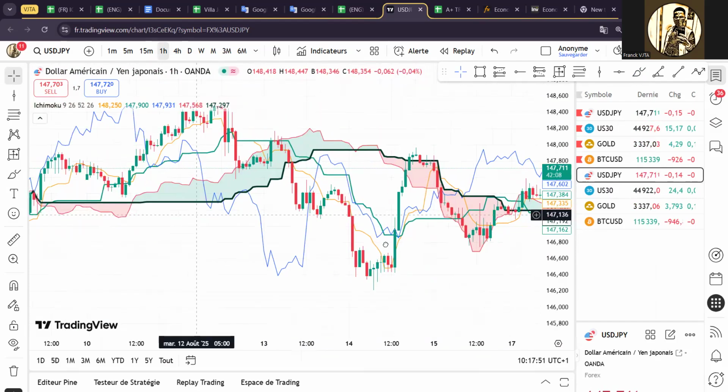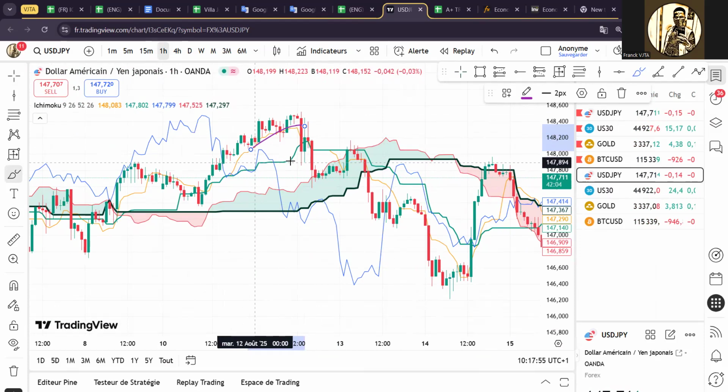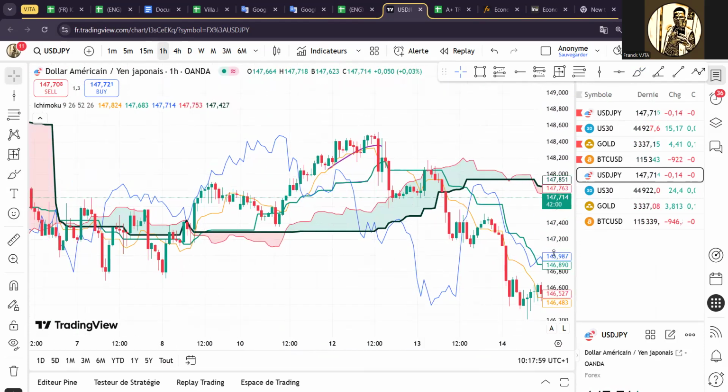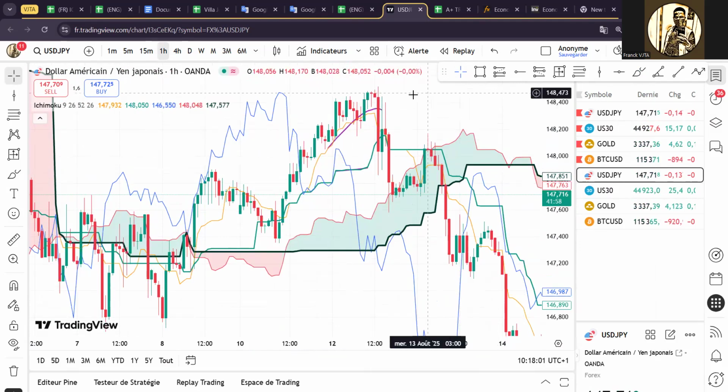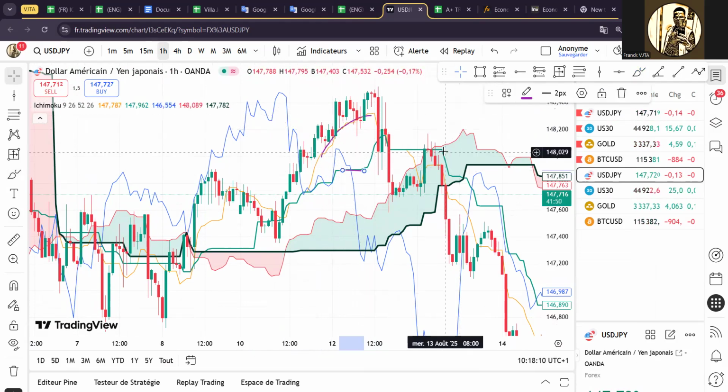So when the trend is already fat like this, one TK is already like this fat, you need to withdraw your profit. The intention of Ichimoku showing that fat, showing that shape is to tell you to get out of your position. Just get out of your position and then take your profit.